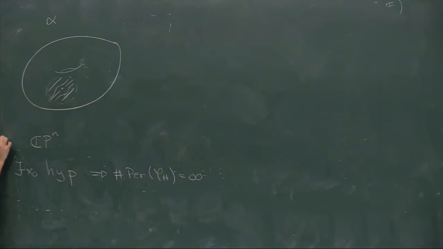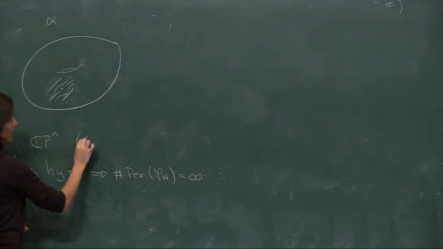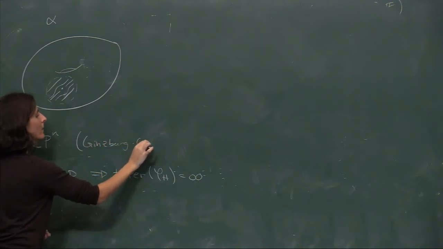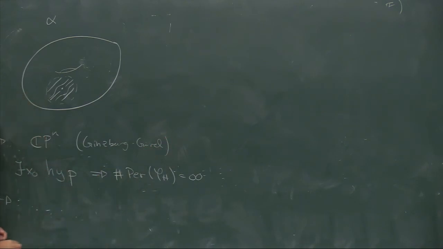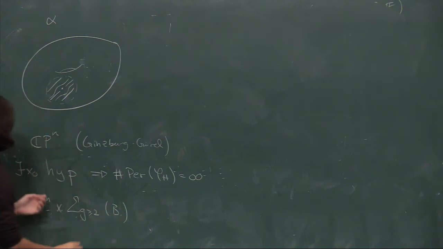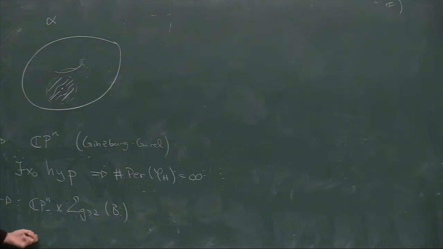It was proved by Ginzburg and Gurel that for CPN, not just for CPN, but that's what I'm interested in right now, all symplectomorphisms are Hamiltonian. If there exists a hyperbolic fixed point x naught, then we have infinitely many periodic points. It was also proved that for CPN times surfaces of genus g greater or equal to 2, a similar result to this one holds for symplectomorphisms, but I need some conditions on the flux of the symplectomorphism.